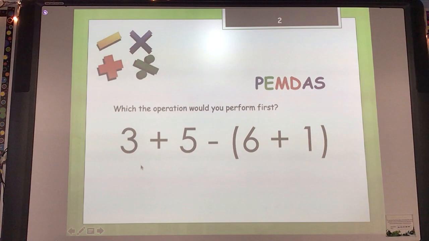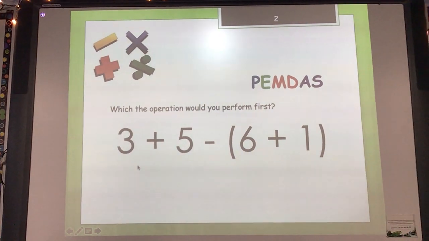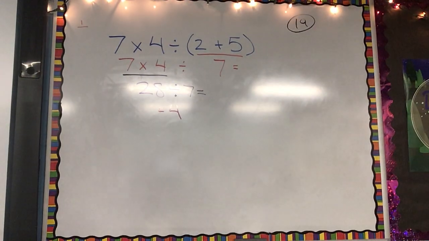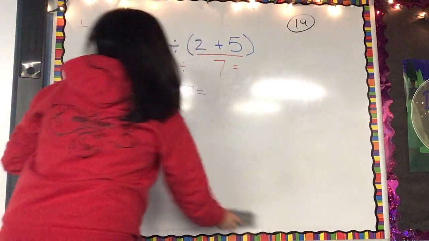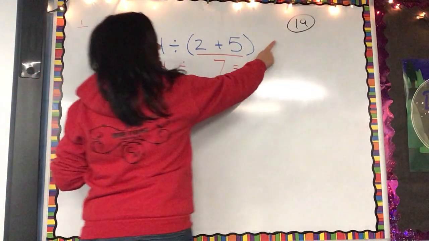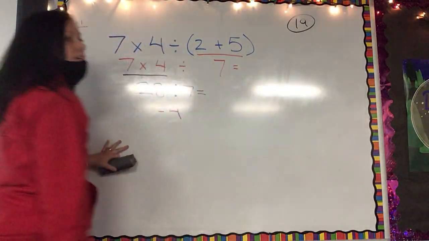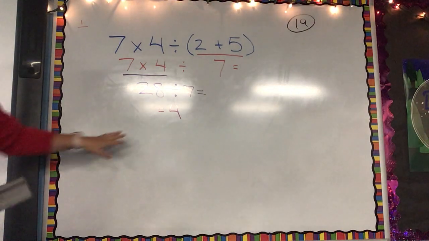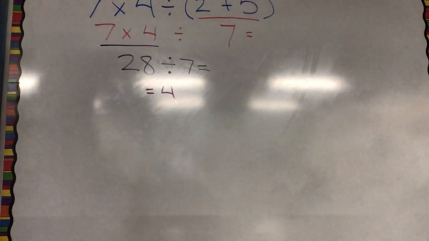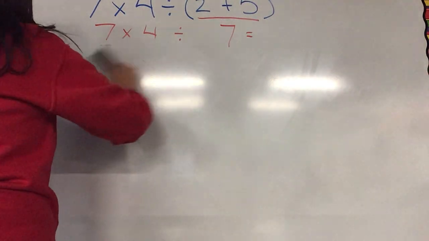All right, so in your math notebook, here we go. I'm going to write it up here. I'm going to erase this one. Let's go back and look. Before I erase this, when I just went left to right, I got 19. When I did order of operations, though, I got what? 4. Yeah. So do you see how you do not get the same answer, right?